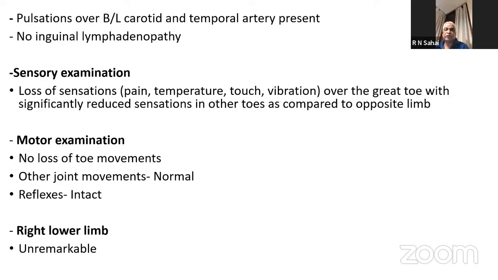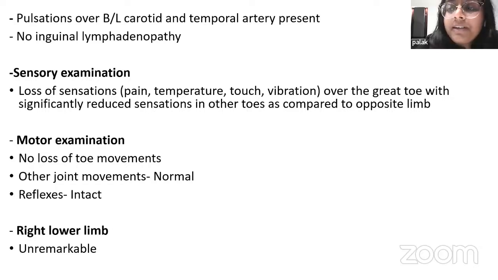So you want the collaterals to open up. Here, you ask him to just go about enough so that there is no pain. If you ask him to exercise, there will be pain, right? And this pain is because of decreased flow. Okay, so sir, in Buerger's, you ask them to just control the activity.